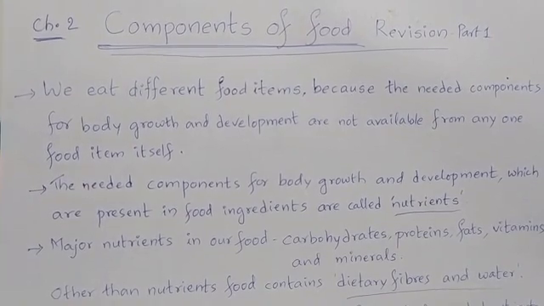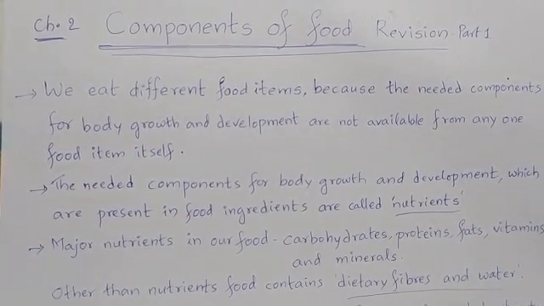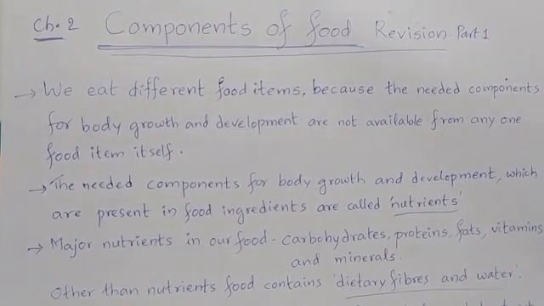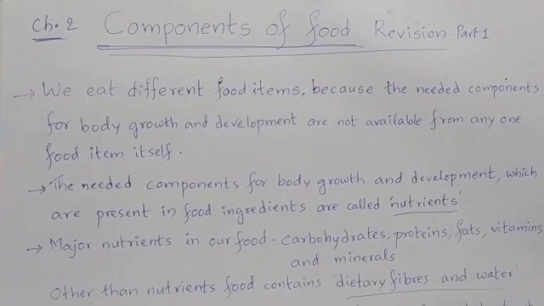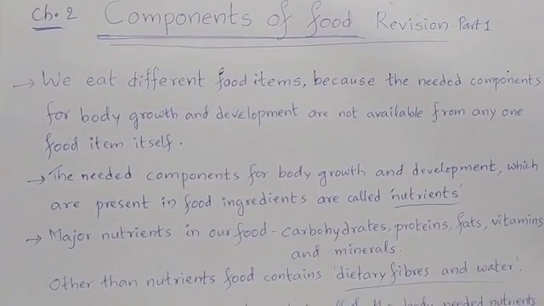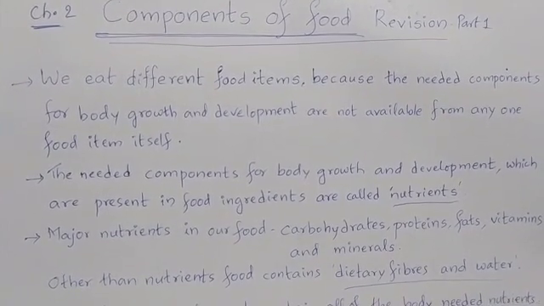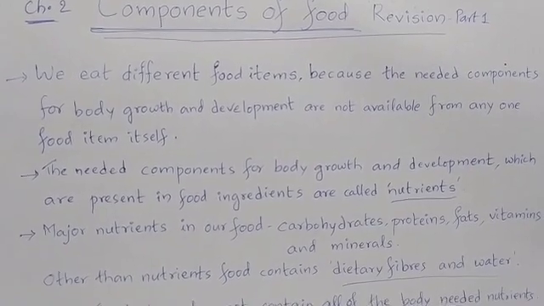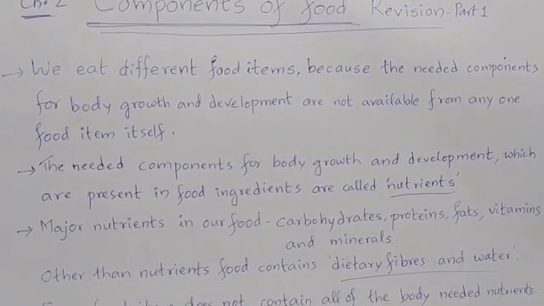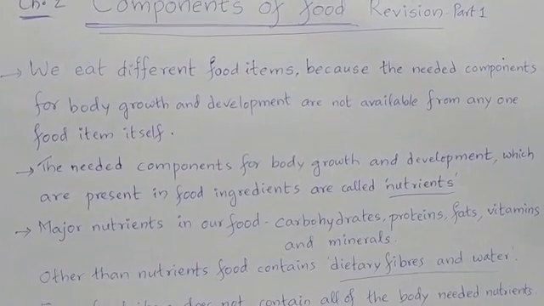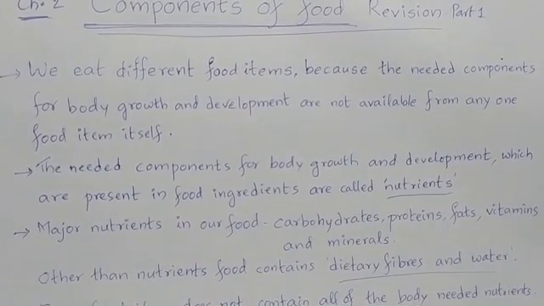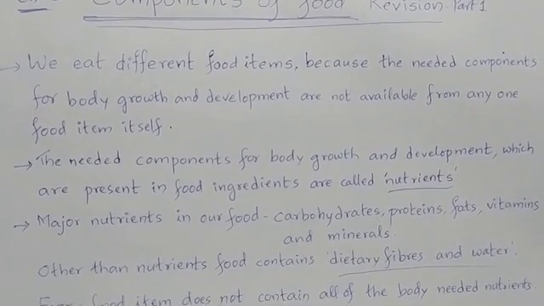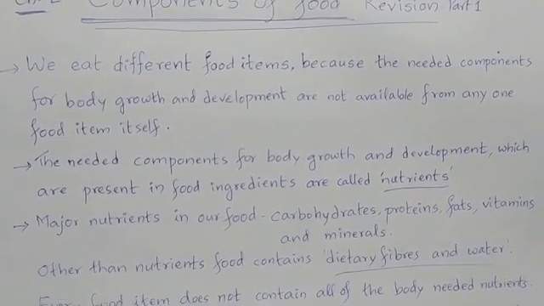So we eat different food items so that we can get all the necessary components for our body growth and development. And these necessary components, which are present as part of food ingredients, are called nutrients.